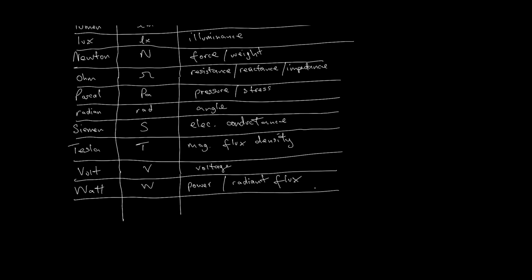And last but not least, I did say there are plenty of them, but this is the last one I want to mention here for you, is the Weber. Again, another famous scientist, capital W, lowercase b. This is not magnetic flux density, but magnetic flux itself is measured in Webers.